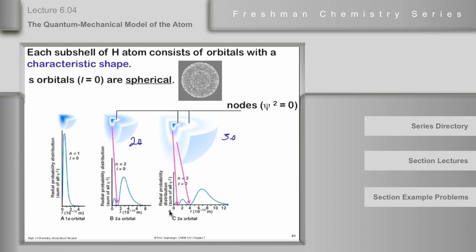So, spherical overall, but having concentric spheres starting with the 2s and going up with the 3s, and a little bit of internal structure there. Questions on s orbitals?